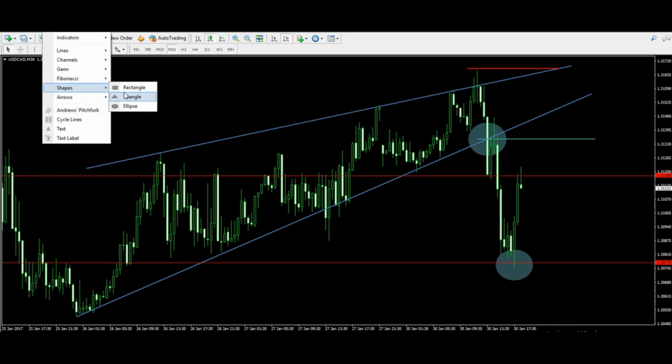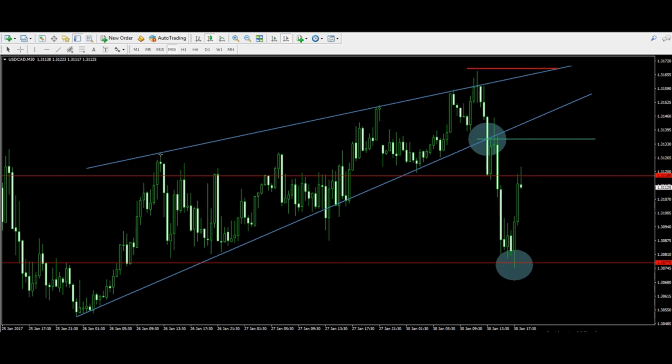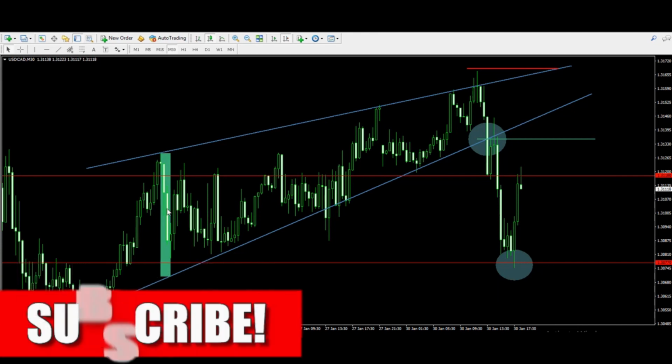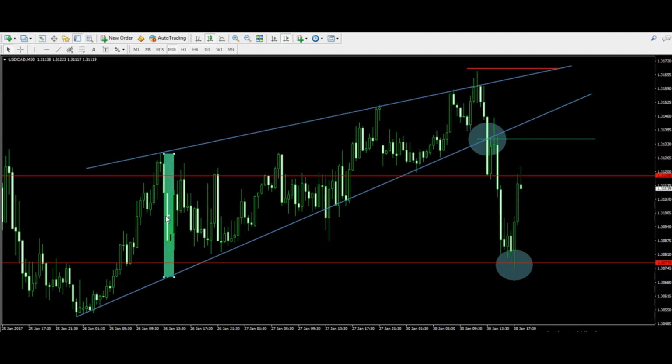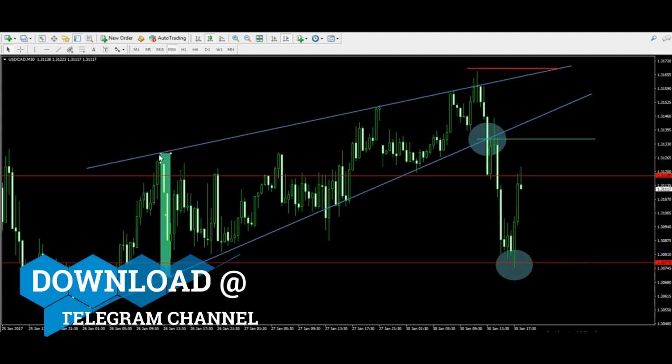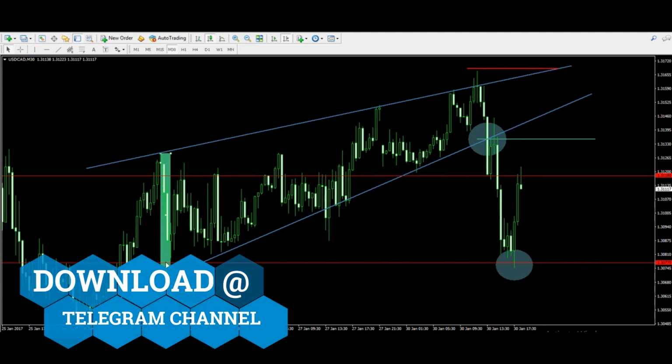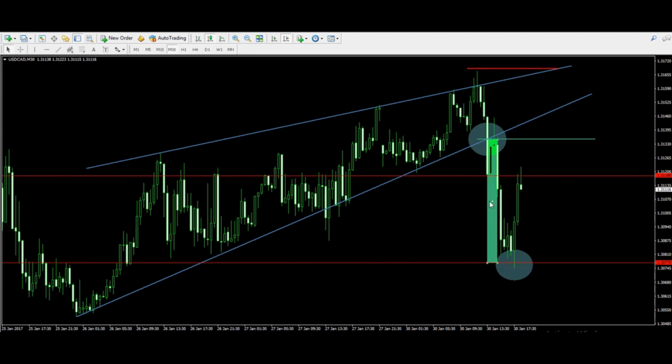So now let's measure one more time the size of the rising wedge pattern we traded. As I said, we take the first stop of the wedge at its widest part, the left part. This is the size from the top, the vertical distance from the top to the lower level of the wedge, and we apply it starting from the moment of the breakout.